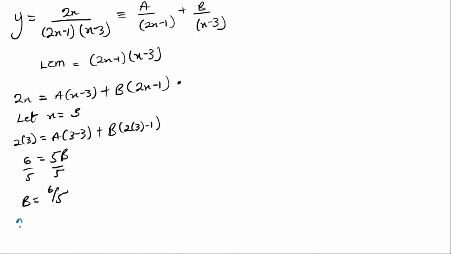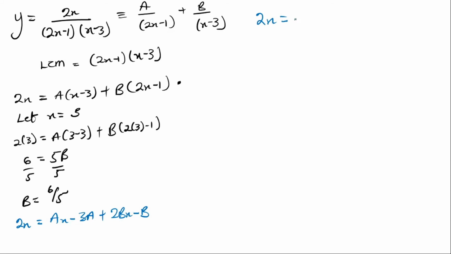So we have the 2x from here is equal to, we multiply through, we get ax minus 3a, then plus we do this, we get 2bx minus b. Alright, so it means we have 2x is equal to, we have x over here, so we group them.